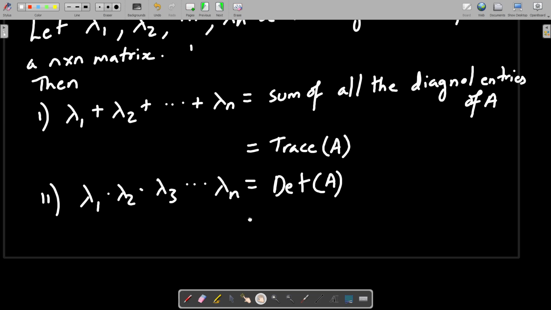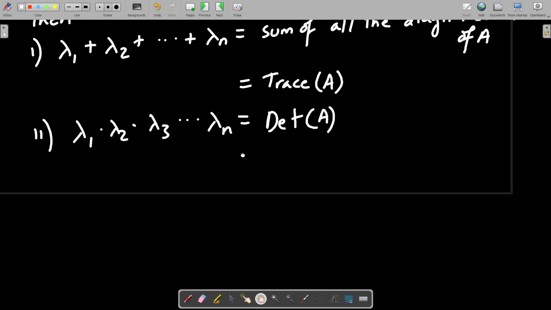So let us use these properties to solve one example.